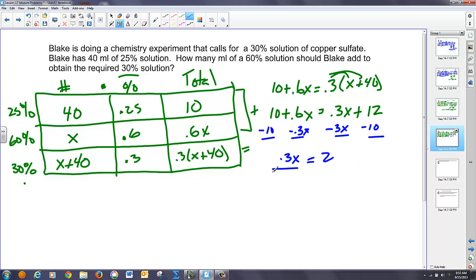Going to divide both sides by 0.3. And 2 divided by 0.3 is equal to 6 2/3, which is equal to x. And 6 2/3 corresponds to the x value, so that's the 60% solution. We're working in milliliters. So what I'm doing is adding 6 2/3 milliliters of a 60% solution.